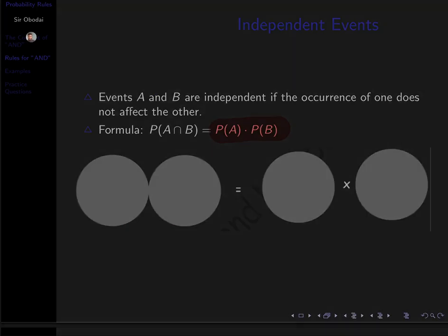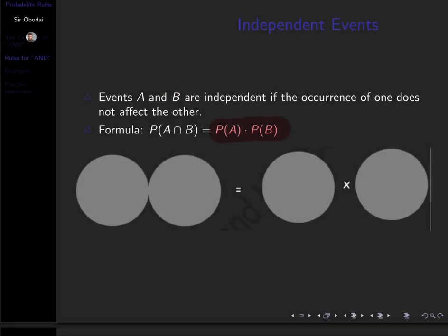Our first one here will be the probability of A, and this second one becomes the probability of B. So we want the probability of both events occurring. All we need to do is to multiply the probability of A by the probability of B, and that settles it.